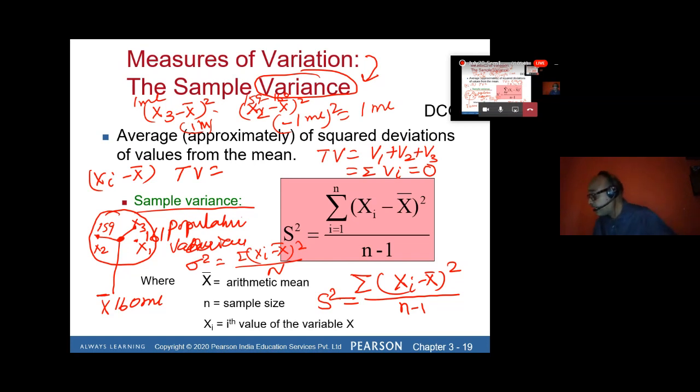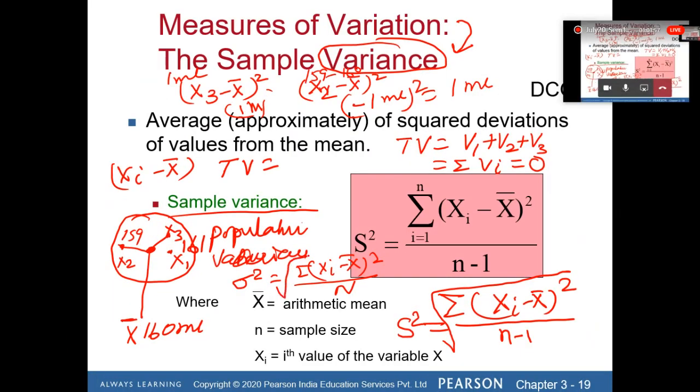Now, if you take the square root of both sides, the square root of the sample variance and the square root of the population variance, a square root of s square will become s, and a square root of sigma square will become sigma.